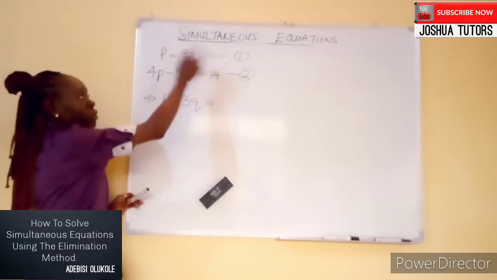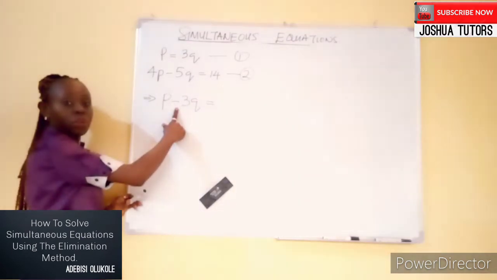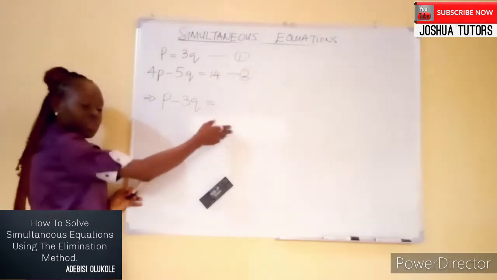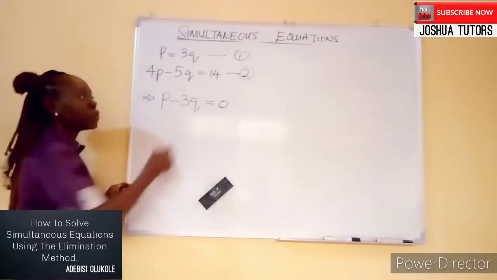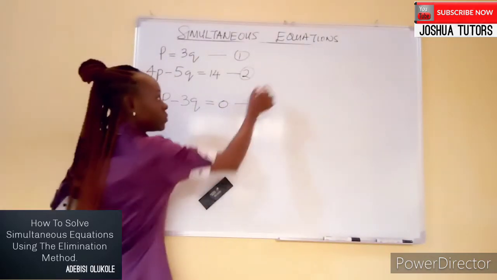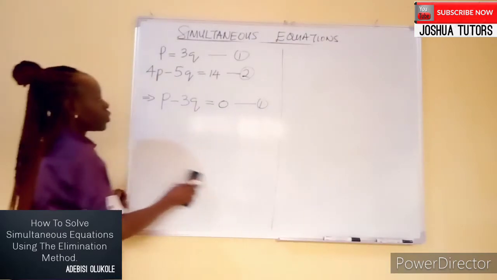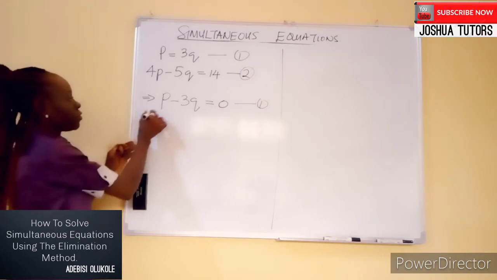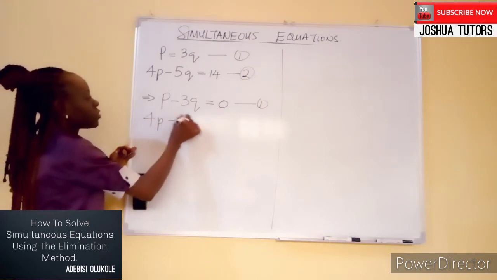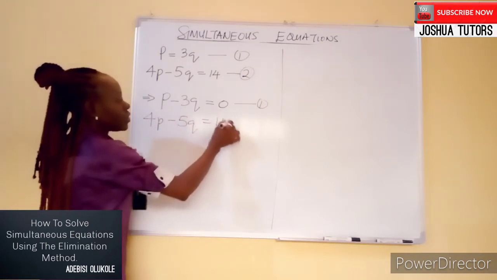It was plus on the right hand side, it becomes minus 3Q on the left hand side. And what is left on the right hand side of the equality sign is actually 0. So that is my equation 1 rearranged. Equation 2 is okay the way it is. It stays the way it is: 4P minus 5Q equal 14.